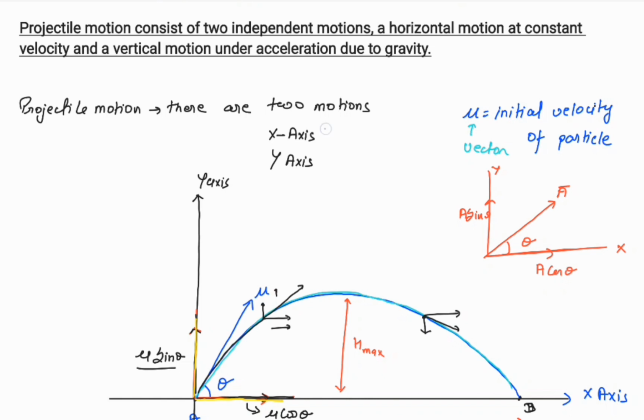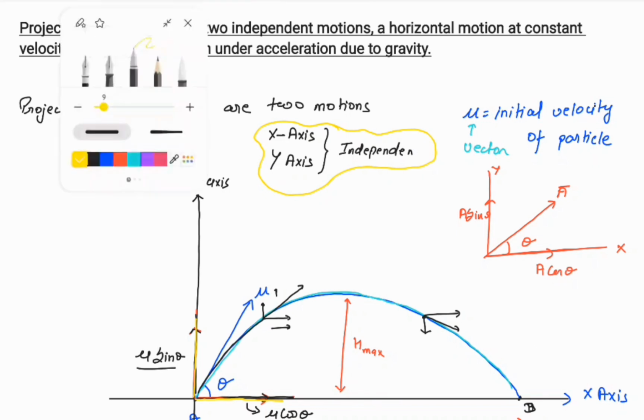And these two are independent of each other. Always remember, for a projectile motion, the x-axis motion and the y-axis motion are independent of each other. You just need to remember this. We are going to use this when solving the numericals.